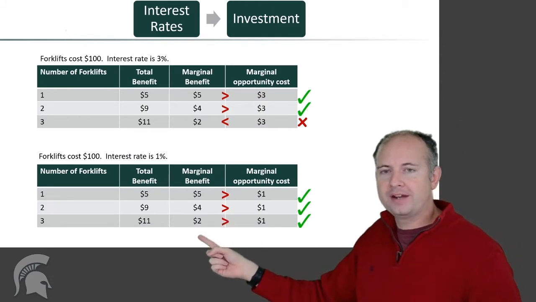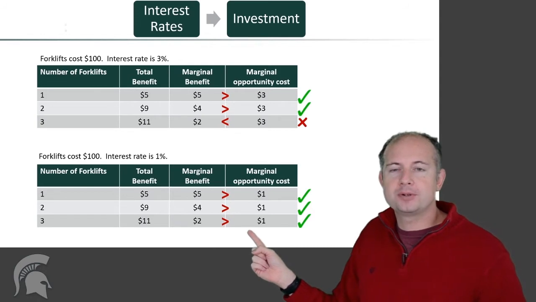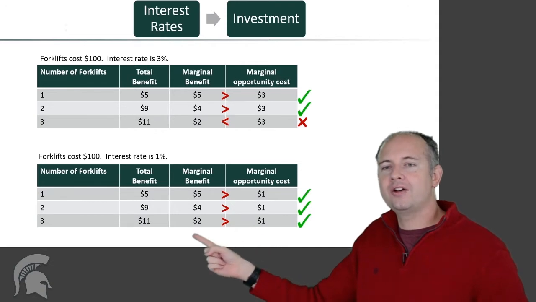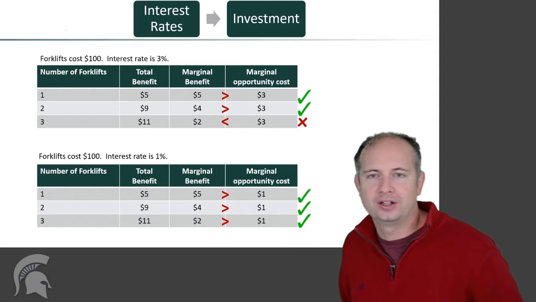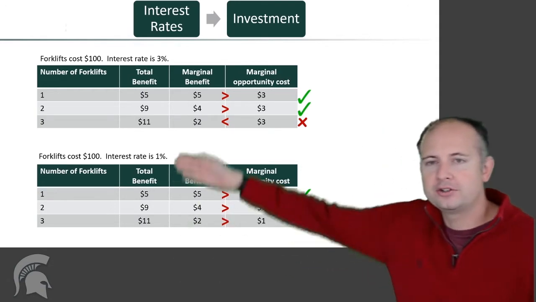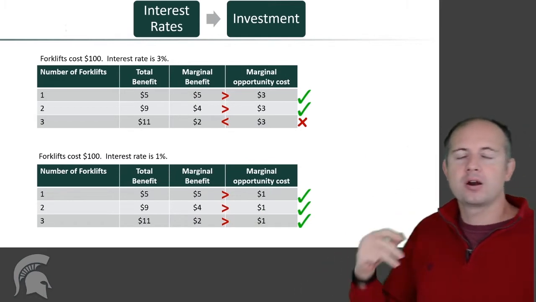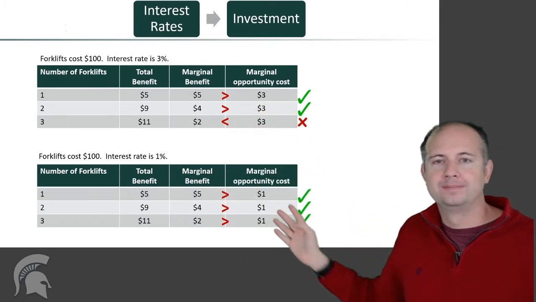The marginal benefit remains $2, but now the marginal opportunity cost has gone from $3 down to $1. So now the benefit exceeds the cost, so we are going to buy that third forklift. So notice that when interest rate went from 3% down to 1%, our investment went from 2 forklifts up to 3.